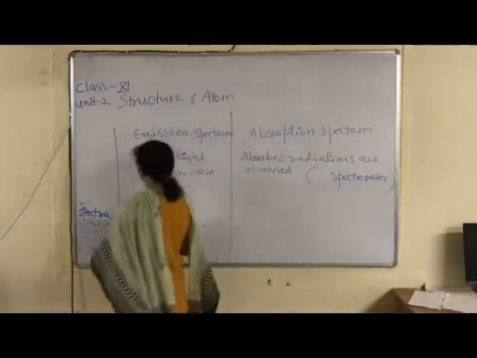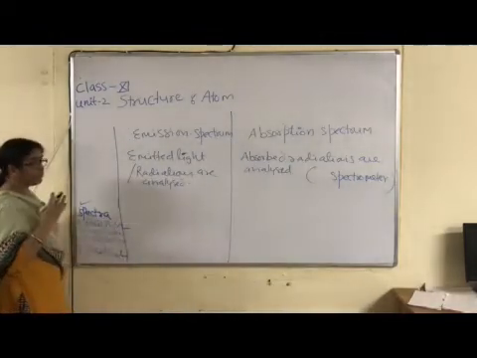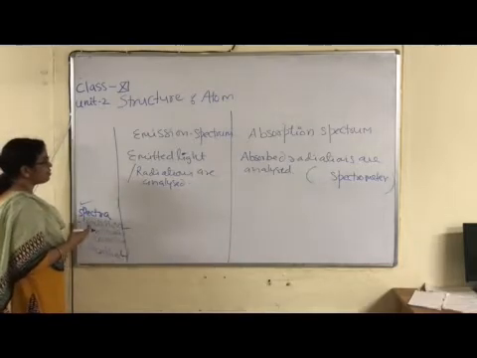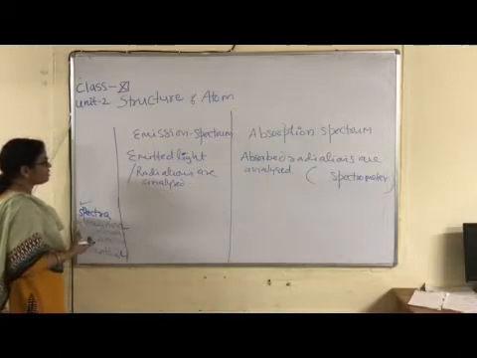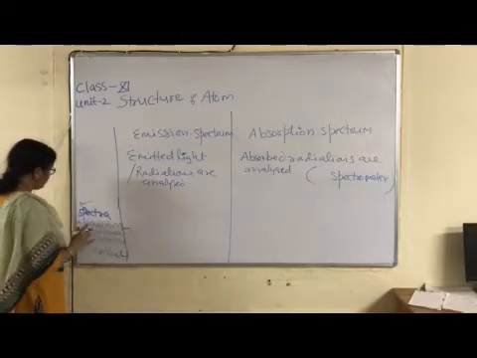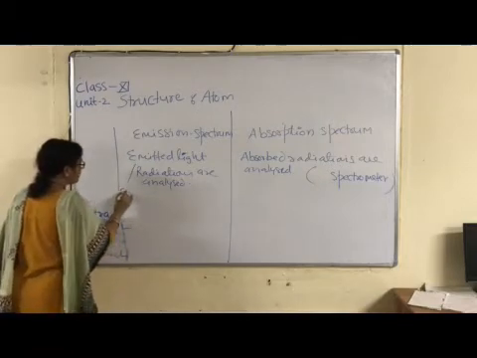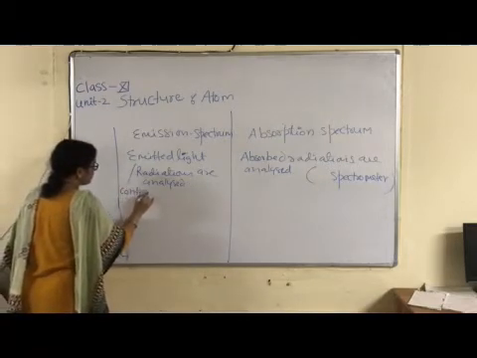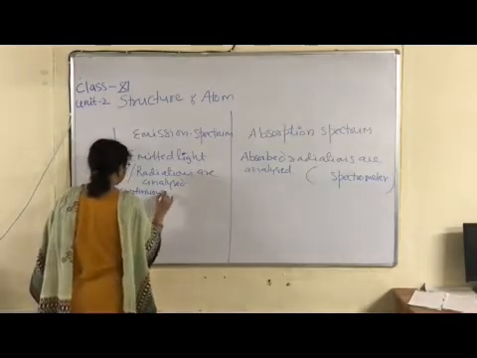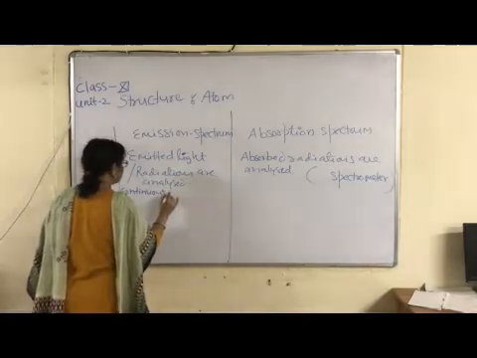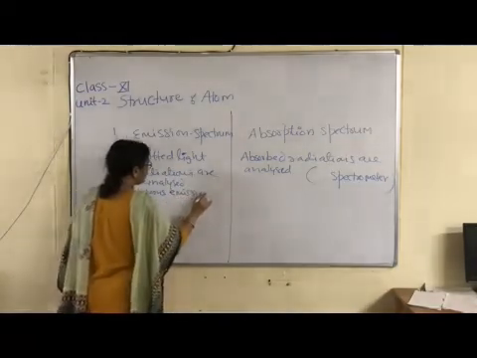Okay children. Now on the basis of light, whether white light is analyzed or any radiations are analyzed, emission spectrum is classified into two categories. First is continuous emission spectrum. This is a sub category.